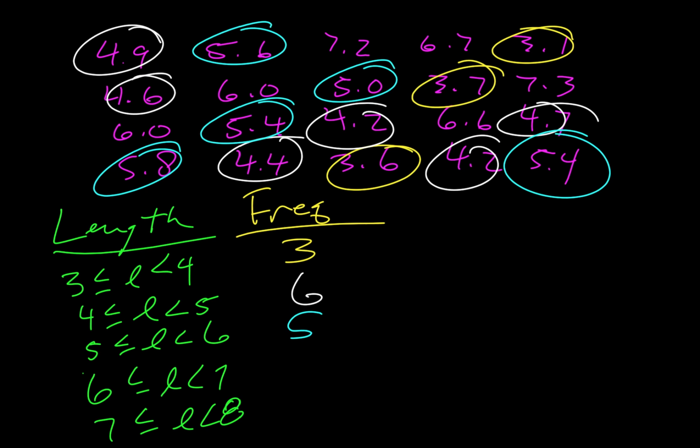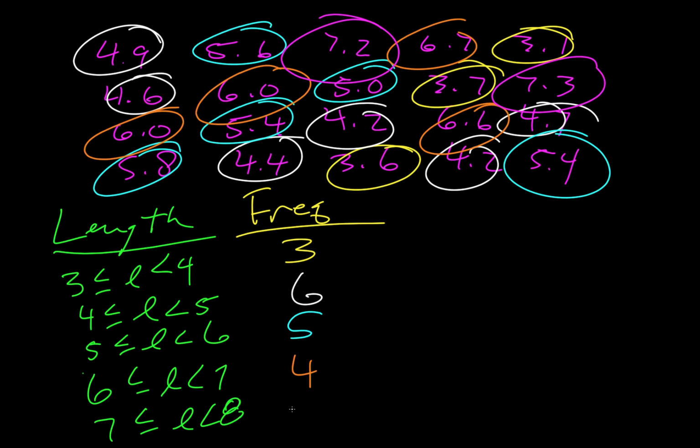And then orange will be for anything with a 6. 1, 2, 3, 4. And then the remaining, let's see, what color didn't I use? I'll use pink. Okay. And there's 2 with 7s.